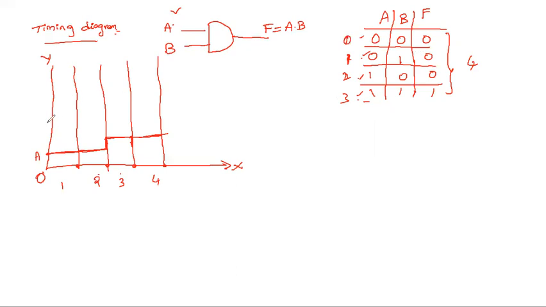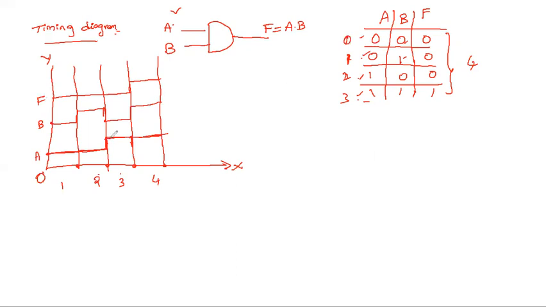Next B. So for B it is 0 1 0 1. Then for the output F, 3 zeros and then 1.